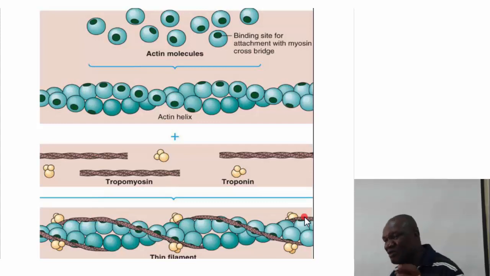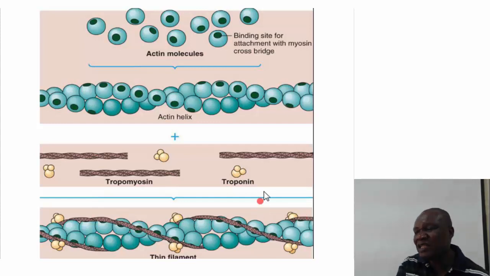Good. So we've seen the first and the second proteins. Now the third type of protein found in the thin filament is troponin. Troponin has three subunits: troponin T, troponin I, and troponin C. Troponin occurs at regular intervals along the thin filament.